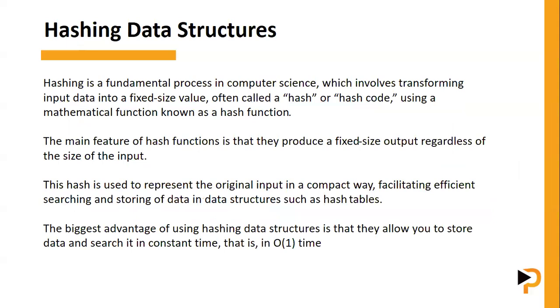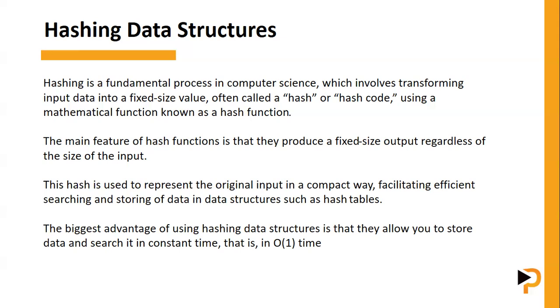Now there are some inputs A, B, C, D. We convert them into common sized values by means of a hash function. So one function is responsible for converting the values of the entered data into particular common or fixed size values.